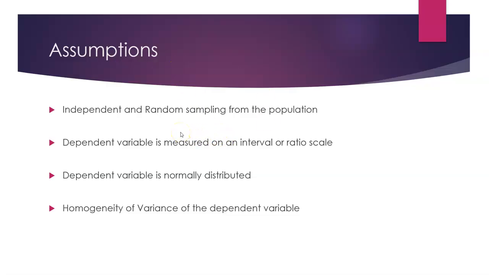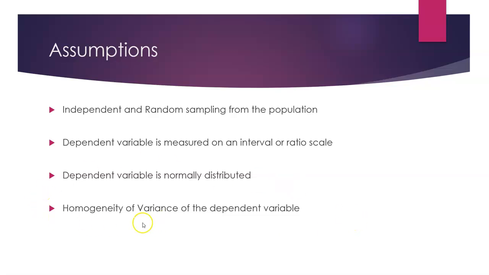Now, there are ways in which we can do within subjects designs with ANOVA, kind of like our paired samples t-test, but that's beyond the scope of our discussion right now. We also need a dependent variable that's measured on an interval or ratio scale, again, same as the t-test. And our dependent variable is normally distributed, again, same as the t-test.